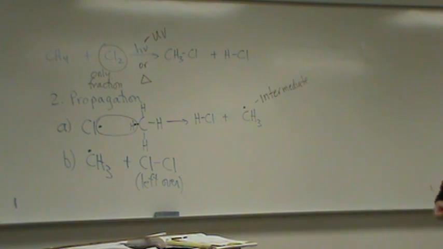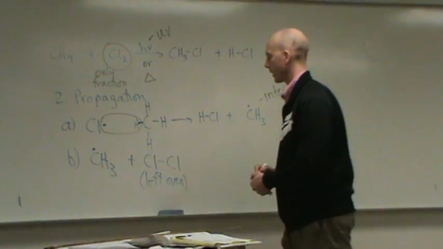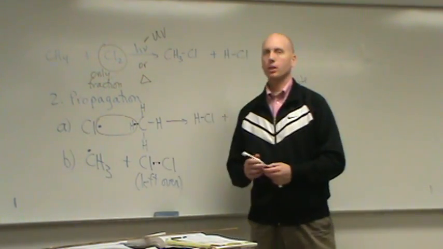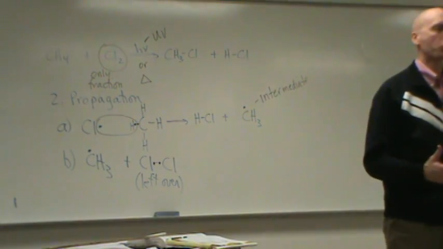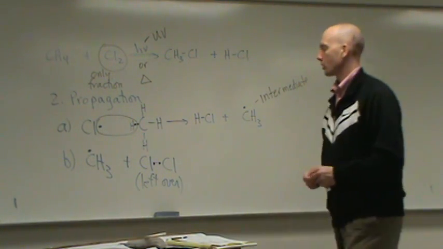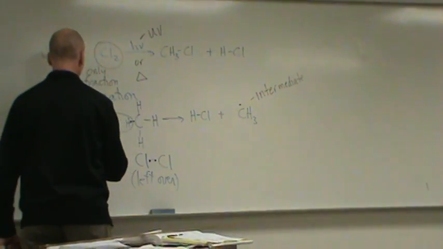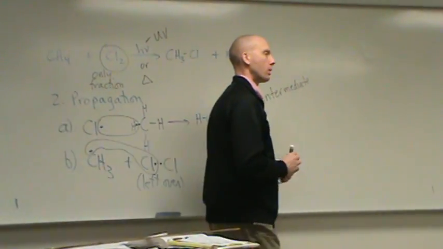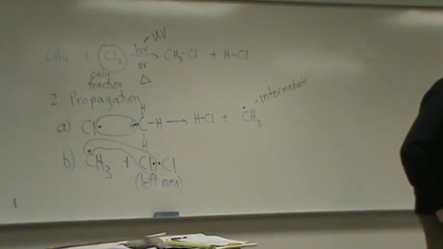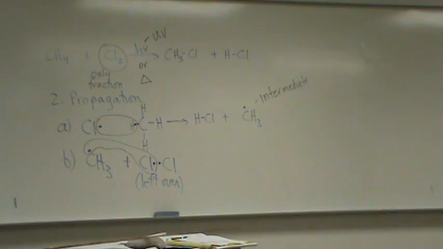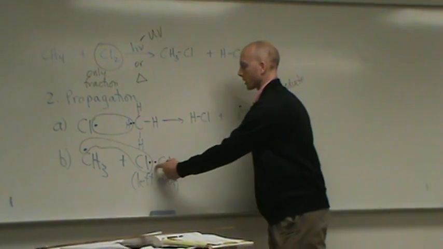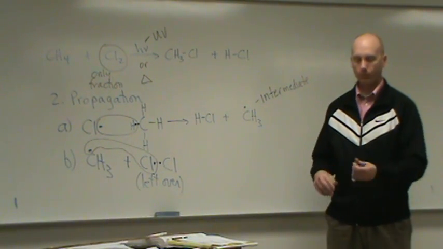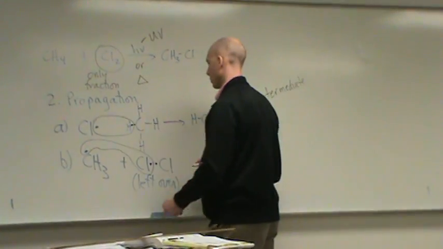So how will that methyl radical react with the chlorine here? It's going to act like what? A hydrogen abstraction. So this electron will come and grab one of the chlorines with its electron and leave the other electron with that chlorine. Okay. So let's draw the result of that.